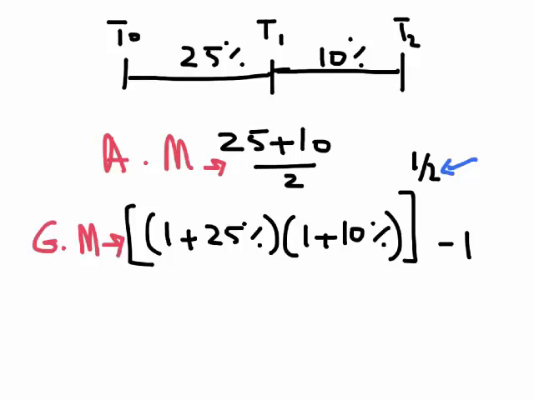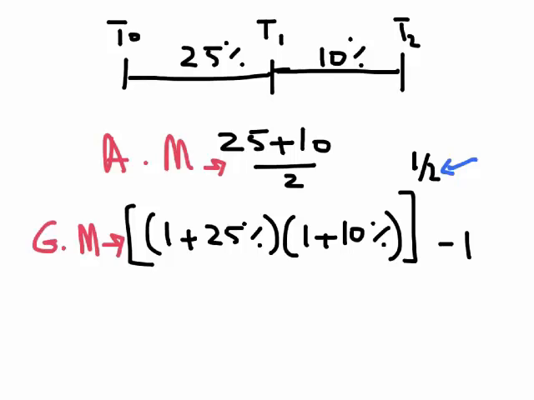So what do you get? So 1.25 multiplied by 1.10 raised to a square root. Your calculator has a key for that, for taking a square root, and then minus 1.